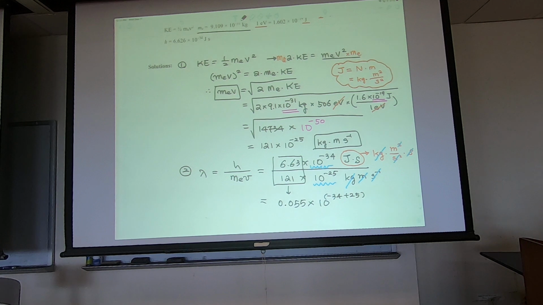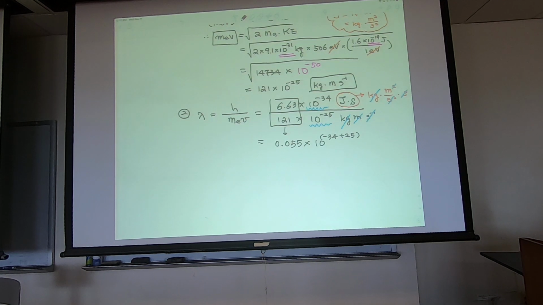That's an easier way to handle this. With an unknowingly small number like 10 to the minus 34, you have no time to punch it all in, or you can write it in a different form of expression. But I think this gives you a pretty short way, and that will be 0.055 times 10 to the minus 9, and the answer is in meters.